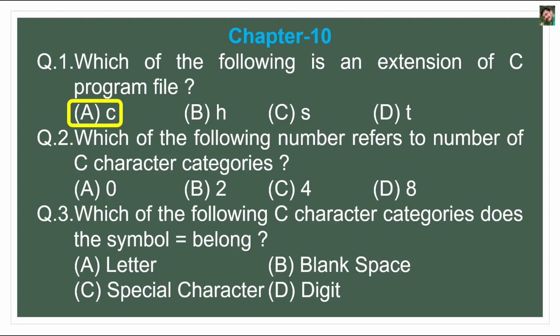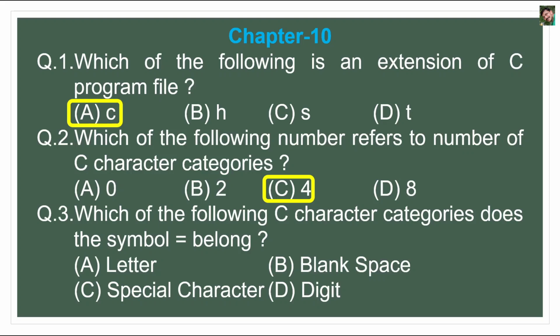Question number 2. Which of the following number refers to number of C character categories? You know that there are many different characters which we can use in a C program. So how many different categories of characters are there in a C program? The correct answer is 4. And those 4 categories are letters, digits, special characters, and white spaces.